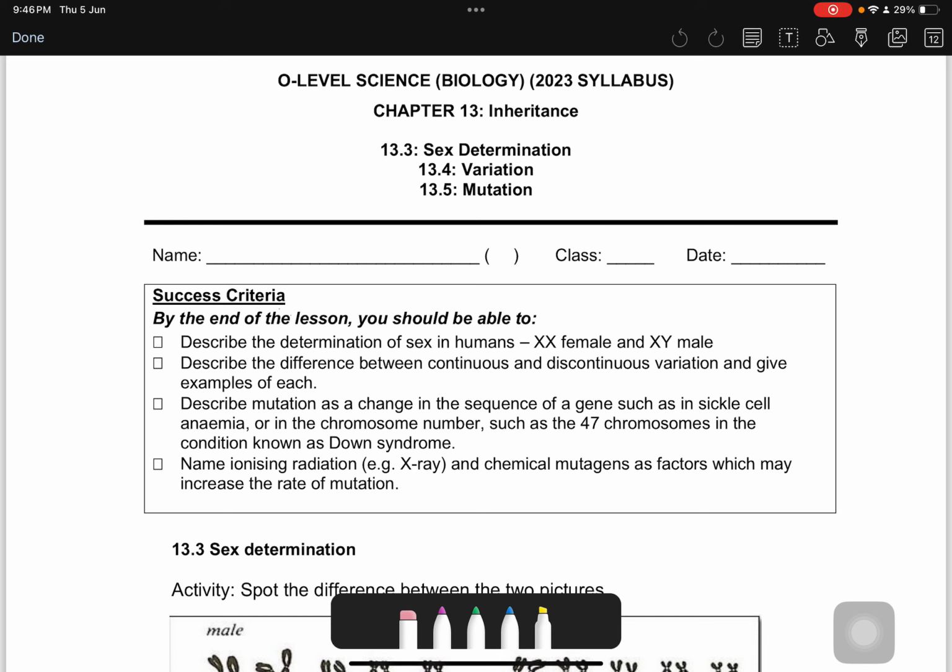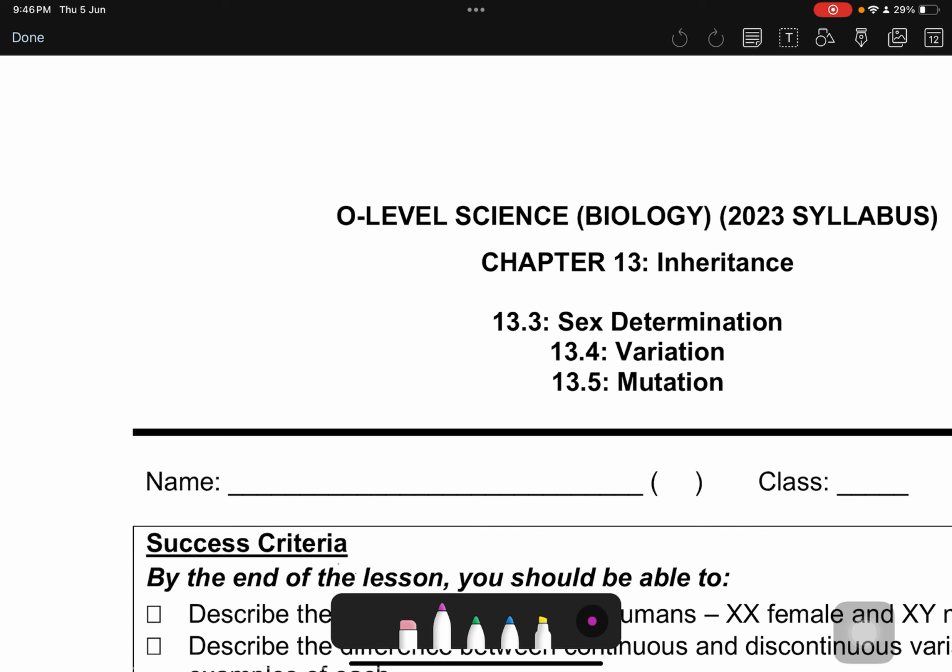So let's do a quick recap on what has been covered in the first two parts of this chapter. In 13.1, it was an introduction to the idea of genetics, where we have gone through the different terminologies such as dominant, recessive, heterozygous, homozygous, which by now you should be very familiar with to use subsequently in 13.2.